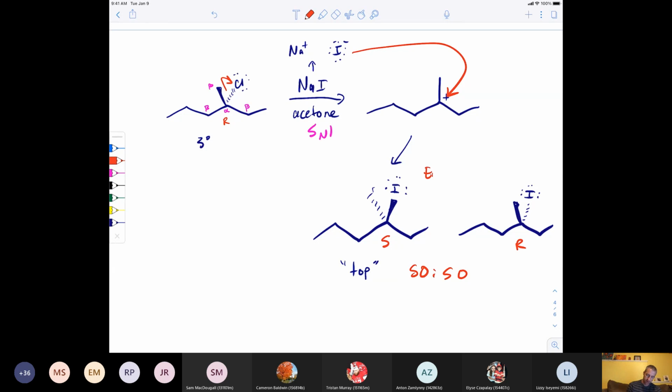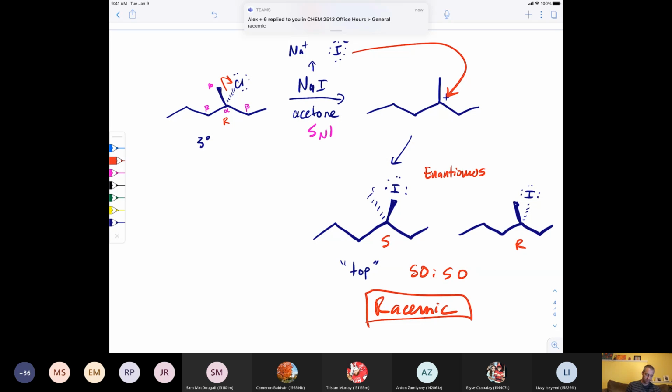These two molecules are enantiomers. So what do we call a 50-50 mix of a chiral molecule plus its enantiomer? Yes, racemic. Racemic, good. This is a racemic mixture we would get.